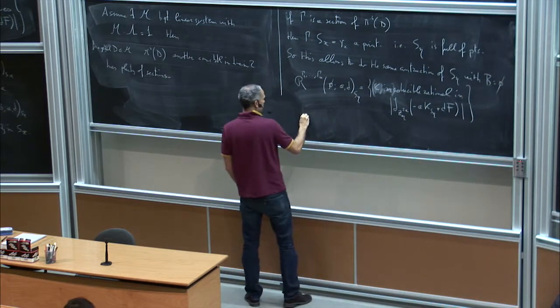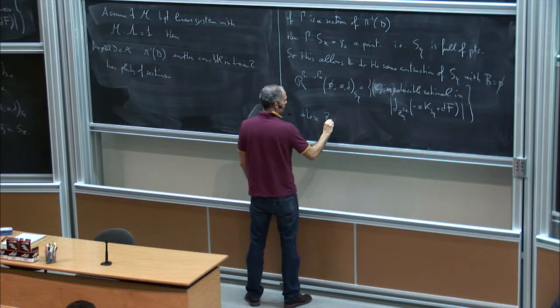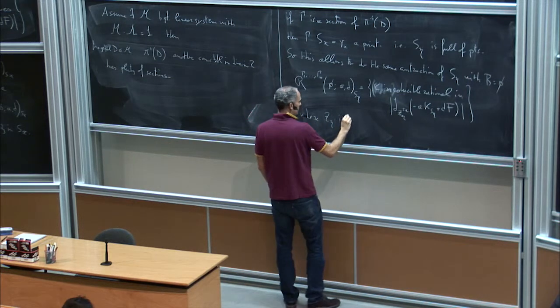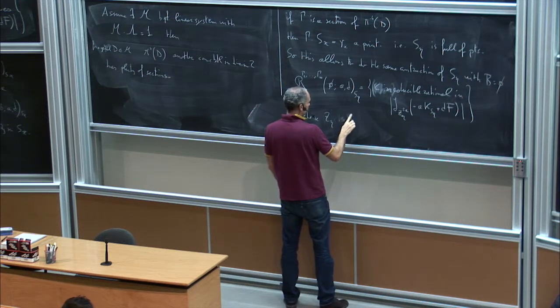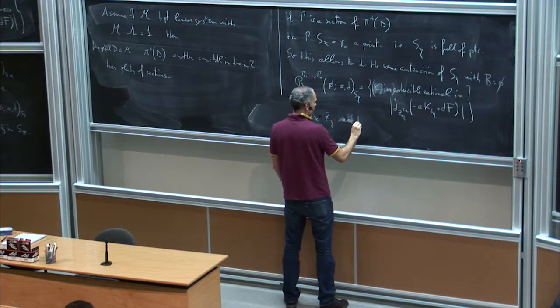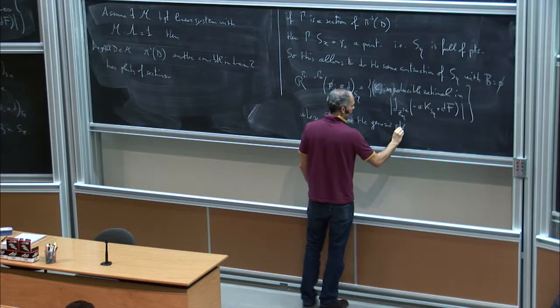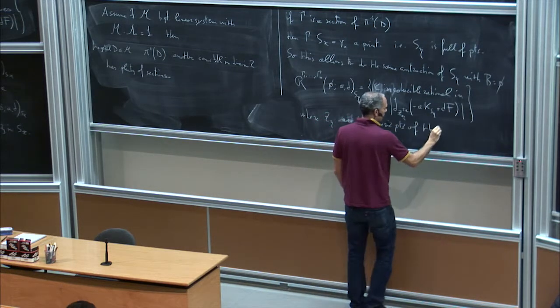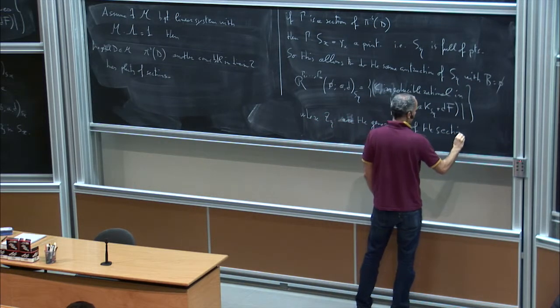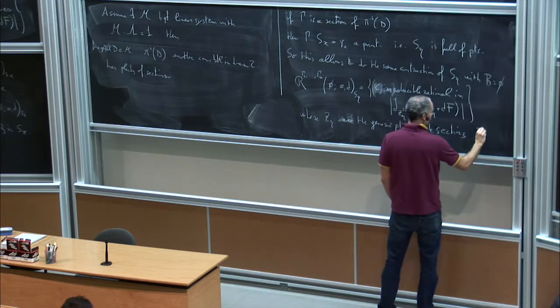where zeta are the generic points of the sections gamma i.